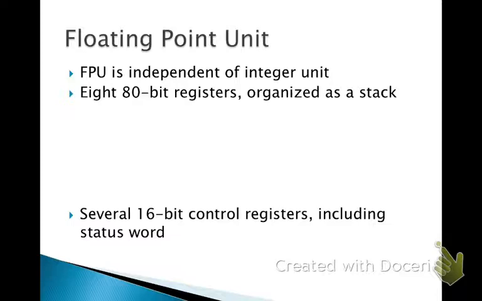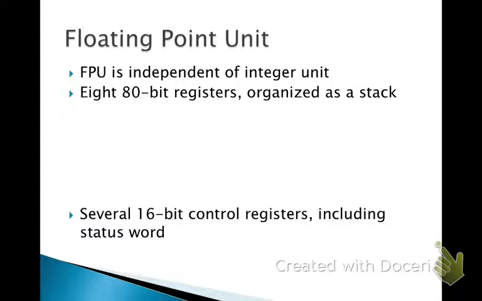There is a separate processor in most modern day computers called the floating point processor, or the FPU. Nearly independent of the CPU, it has its own registers, it has its own instruction set. They do share random access memory. In addition to the registers from the CPU, remember we had 4 general purpose registers, 4 index registers.